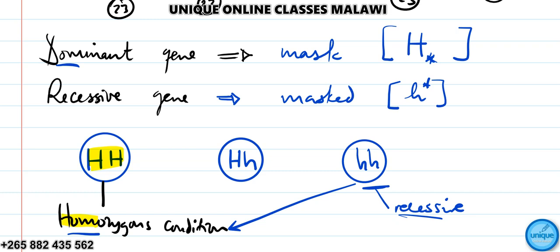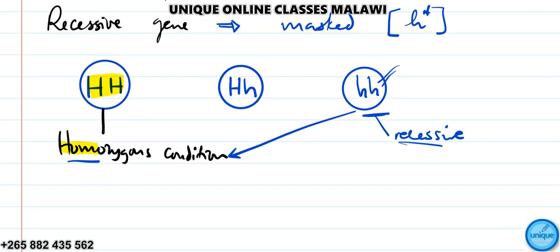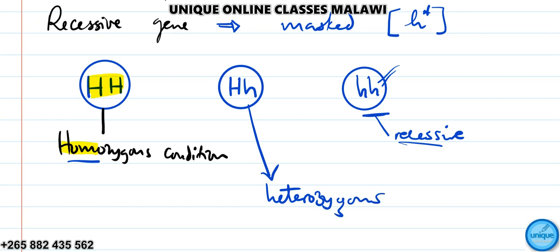Whereas this one here is called a heterozygous condition. It is a condition in which a pair of dissimilar genes control a character. So hetero in biology means different, and homo means same.